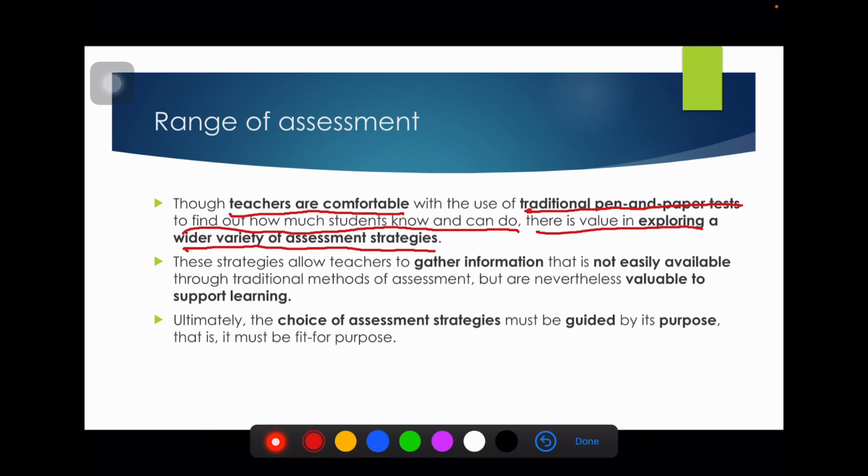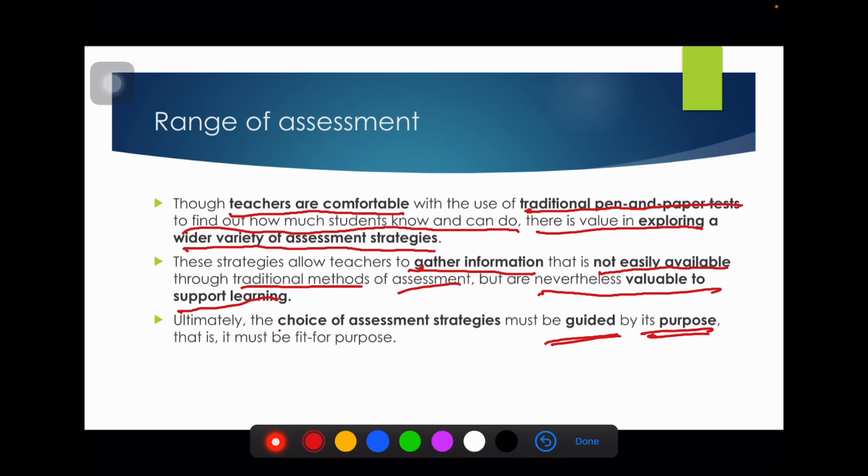Now, these strategies actually will allow teachers to gather information or data that is not easily available through traditional methods of assessment, but are available to support learning nowadays. Ultimately, the choice of assessment strategies must be guided by its purpose.